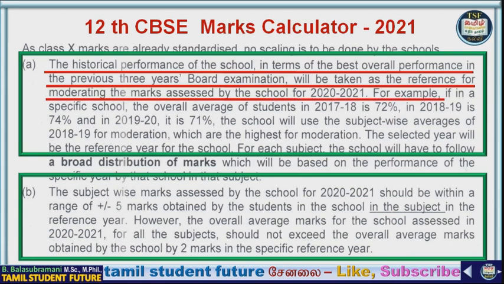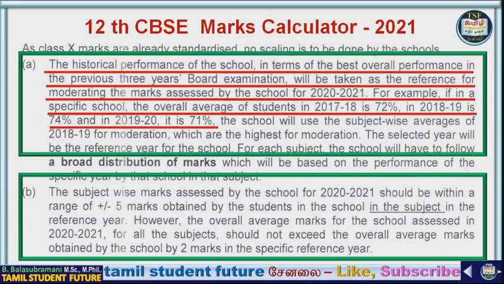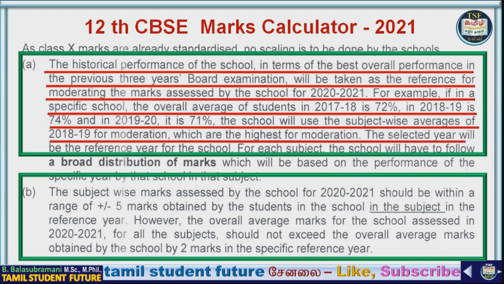For example, if in a specific school the overall average of students in 2017-18 is 72%, in 2018-19 it is 74, and in 2019-20 it is 71, the school will use the subject-wise average of 2018-19 for moderation, as the highest. Select the year of the school's best performance.